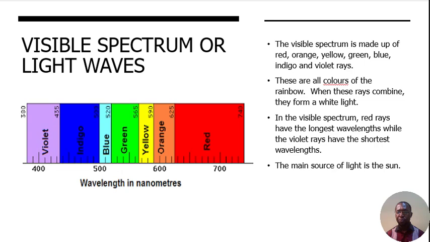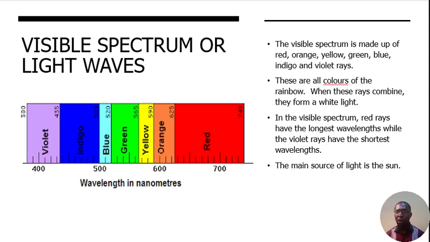And the spectrum happens to have their own wavelength as well, where the red has the highest wavelength and the violet has the least wavelength. Now, this visible light has its source from the sun as well.